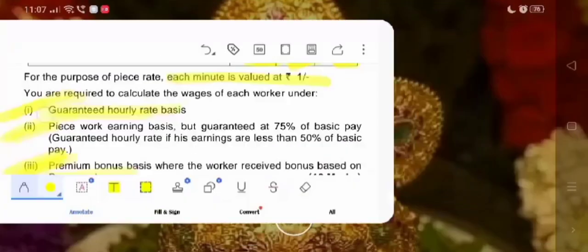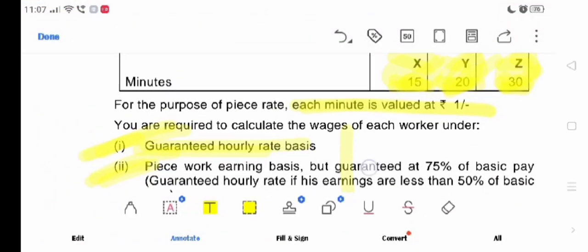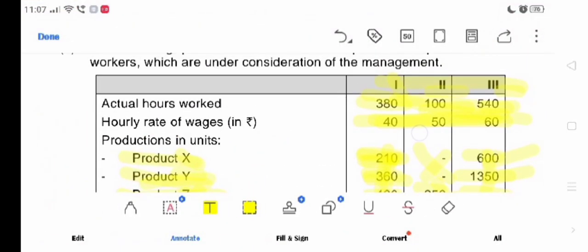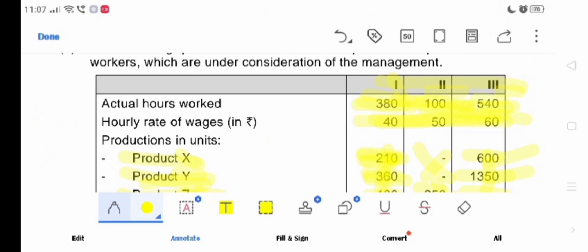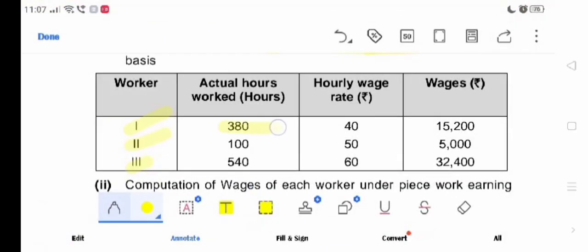What are the hours they have worked? It is 380, 100 and 540. What are the basic wage rates per hour? This is not common for all three, but 40 for worker 1, 50 for worker 2 and 60 for worker 3.